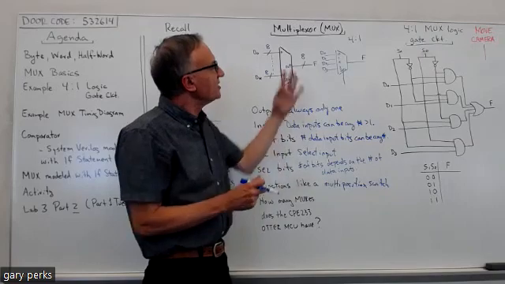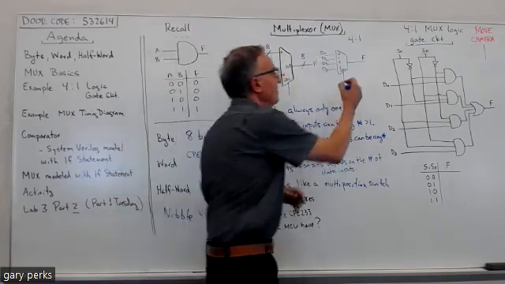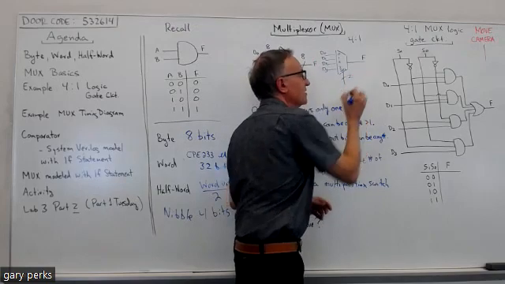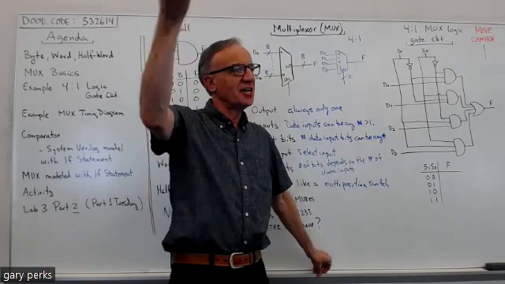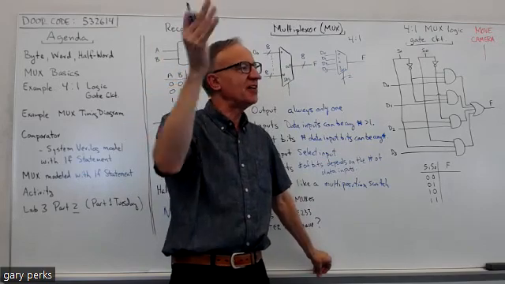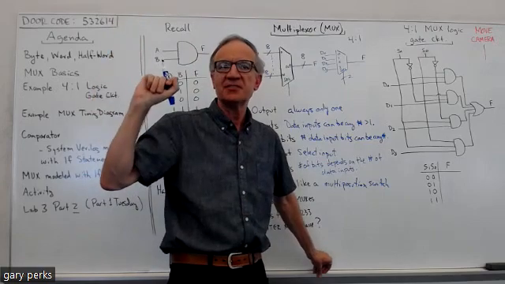Because I'm choosing between 4 things, that's why the select would be 2 bits, because it goes back to that relationship we talked about earlier in the quarter, that the number of values that you can get from a certain number of bits is equal to 2 to the number of bits.